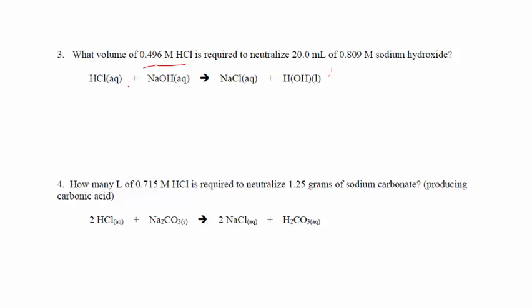It's a little bit easier because it's a 1-to-1-to-1 ratio, but we'll just put that in for good practice. So we have X liters times 0.496 mole HCl per 1 liter. It's a solution essentially.